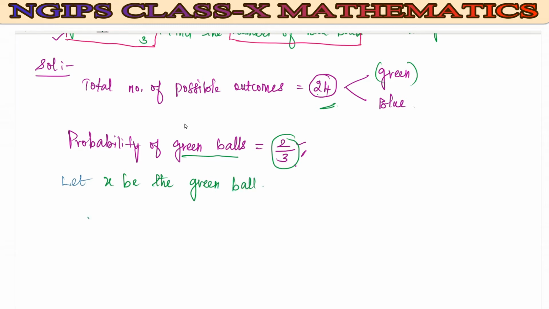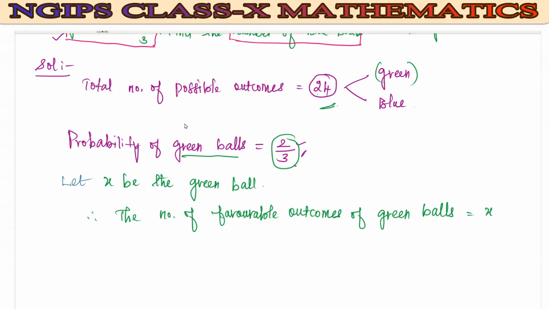Therefore the total number of favorable outcomes of green balls is equal to x, because we don't know exactly the number of green balls. So now according to this condition, we have the total number of possibilities and the favorable outcomes. So based on this I am going to find the probability here.